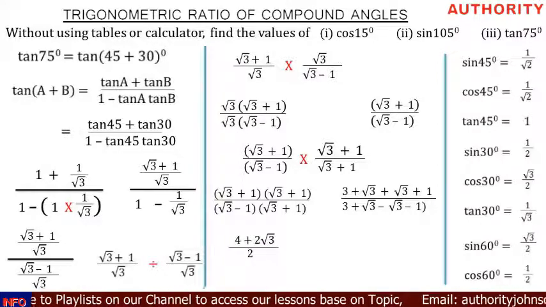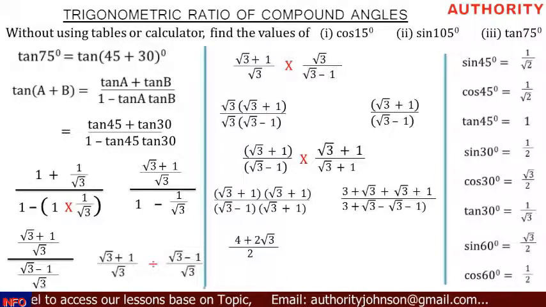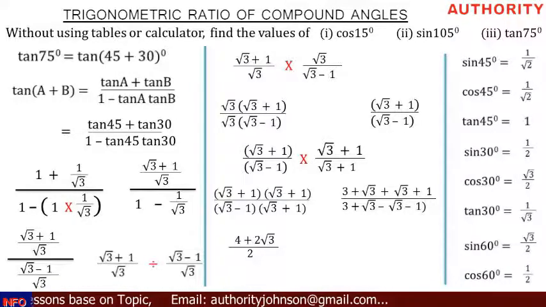And then root 3 plus root 3 simply gives us 2 root 3. Something like orange plus orange is going to give you 2 oranges, okay? So root 3 plus root 3 gives us 2 root 3. So in our numerator, we have 4 plus 2 root 3.